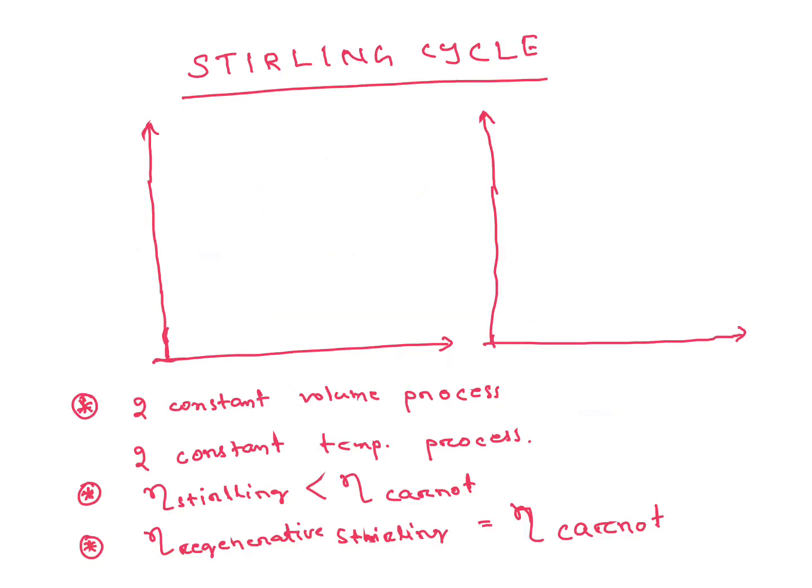Next is Stirling cycle. Stirling cycle, PV diagram, and here TS diagram. Stirling cycle consists of two constant volume processes and two isothermal processes or constant temperature processes. 1, 2, 3, 4.